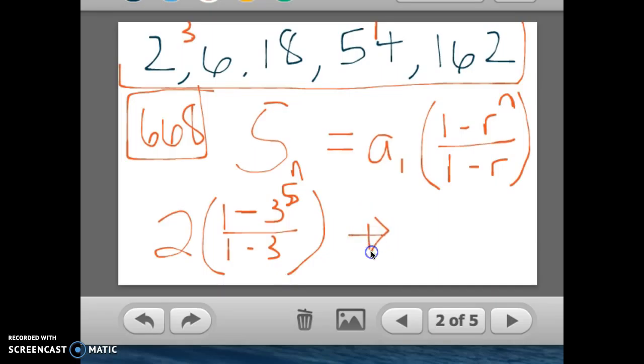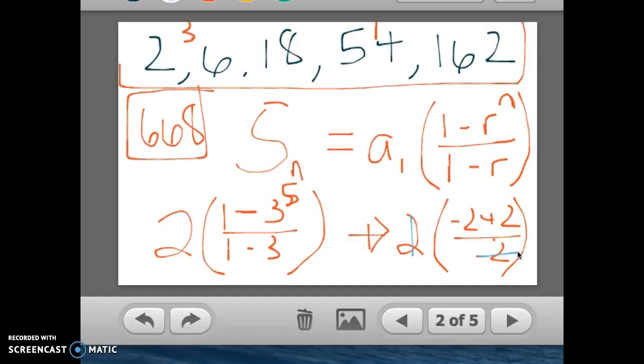So this becomes 1 minus 243, or negative 242, over negative 2. And so my answer ends up being negative 242 over negative 2. Well, the negatives cancel out, and my answer is positive 242.